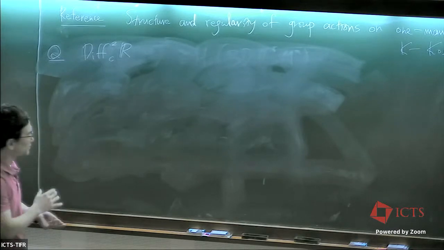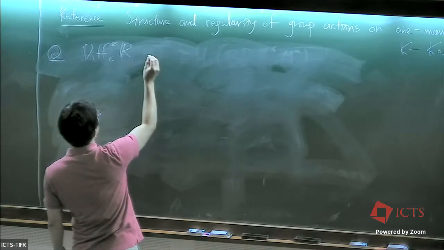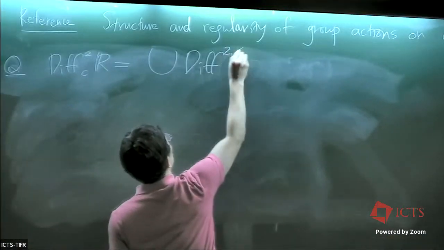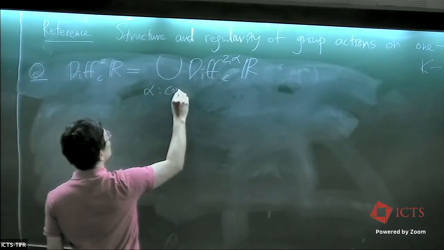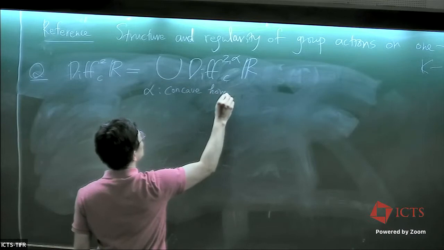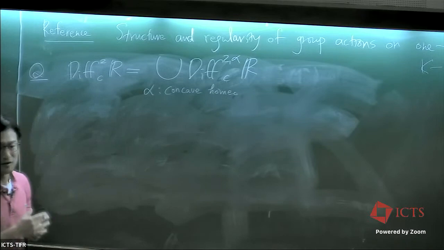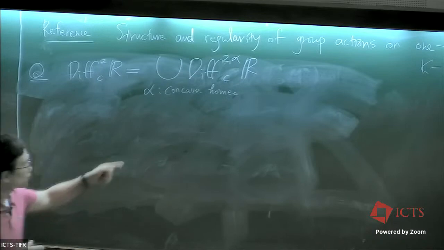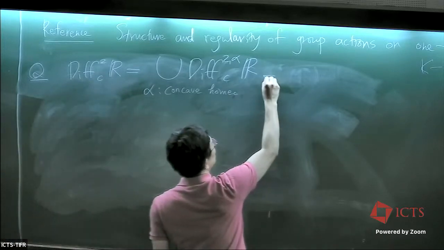But Mather's approach, the known approach to proving the simplicity of this group, is to decompose this thing into Diff^{2,alpha} of compact support, where alpha is a concave homeomorphism. As I said, this is an equality: any C^2 diffeomorphism group will have some modulus of continuity, and that modulus of continuity can be chosen as a concave homeomorphism of that form. And then the strategy shows that this is perfect.